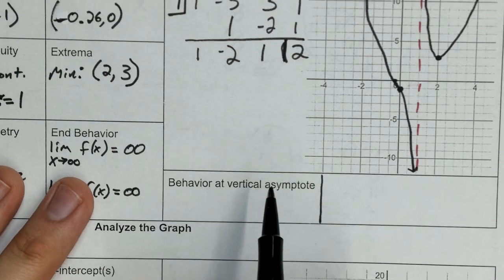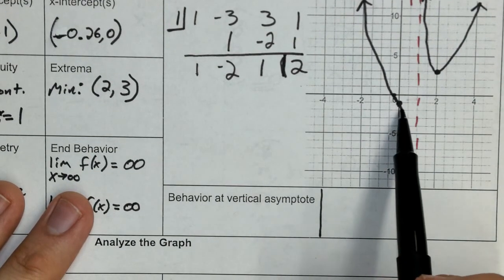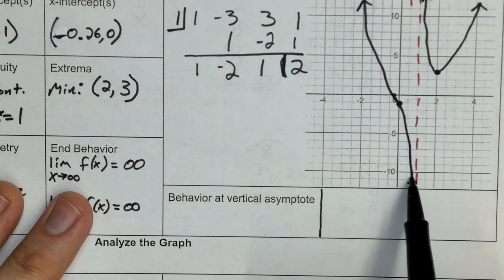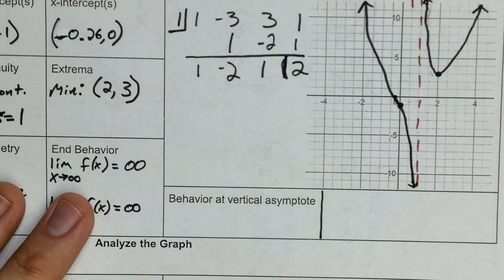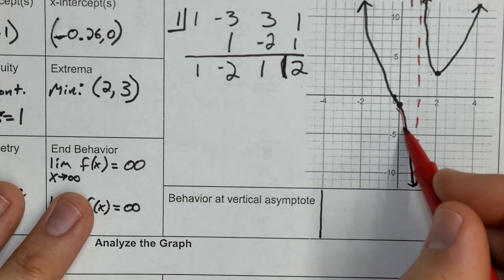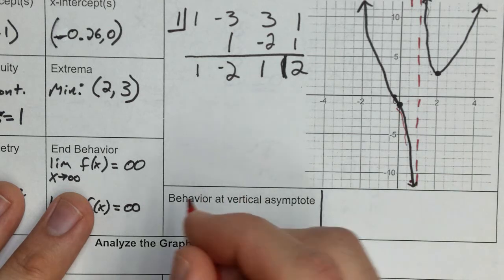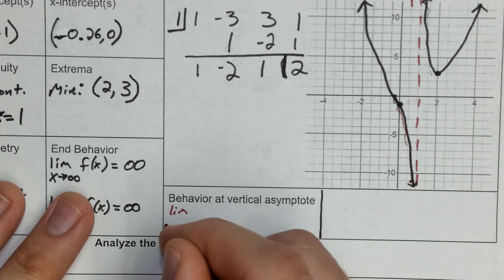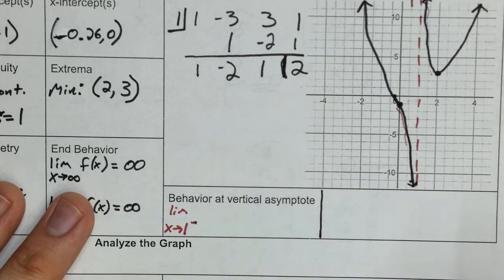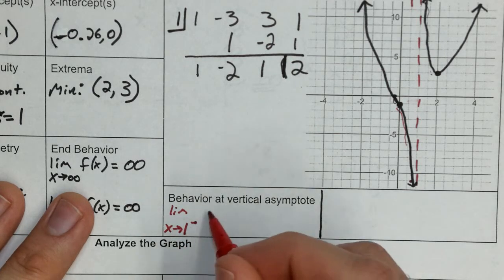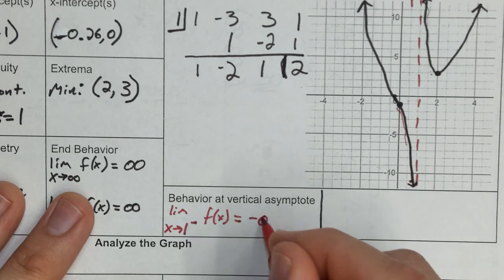The behavior at the vertical asymptote here at 1, there's two kinds of behavior. What's happening by the asymptote as you approach it from the left-hand side? What happens as you approach it from the right? As you approach the asymptote from the left, it's going down, so it's going to negative infinity. The way we write that is we say the limit as x approaches 1 from the left-hand side, that's the negative side, we just put a little negative sign there, of f of x is equal to negative infinity.